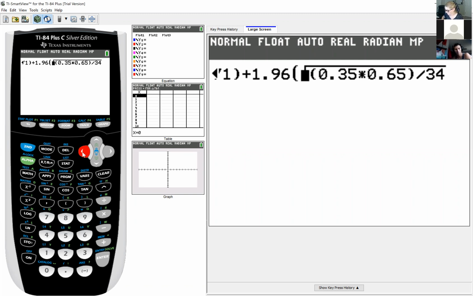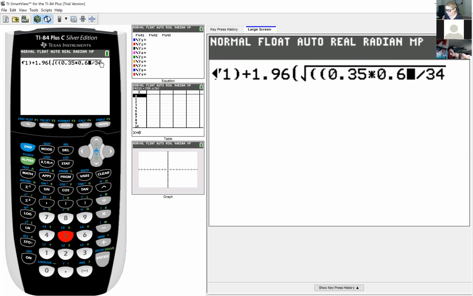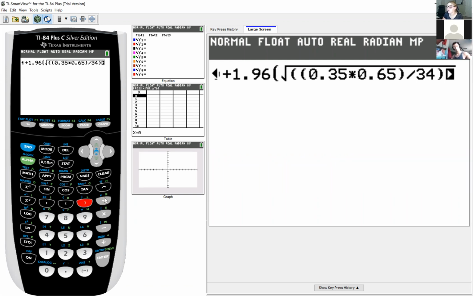But let's see if it just lets me put another thing. It's going to make me retype the whole thing. All right, give me 1 second. Times, and then divided by 34. Okay, cool.